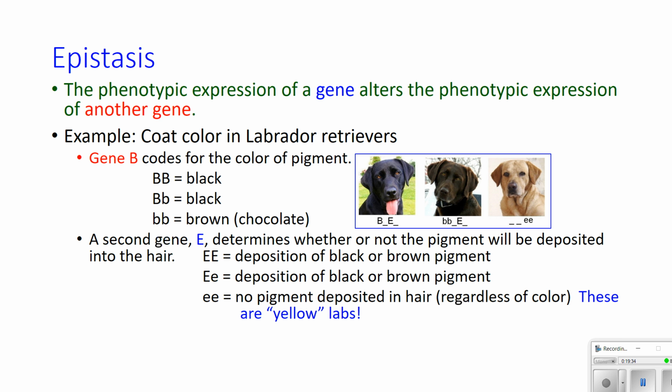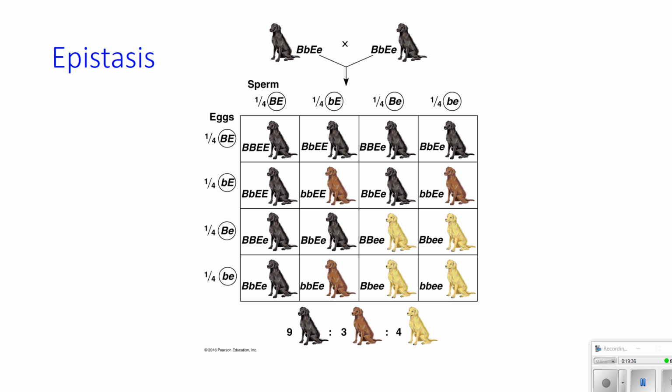Okay, so let's look at this Punnett square. I think this illustrates pretty well for you what's going on with epistasis and Labrador retrievers. So we have 2 black labs that are being bred together. Notice they're not only both black labs, but they're heterozygous for both genes.